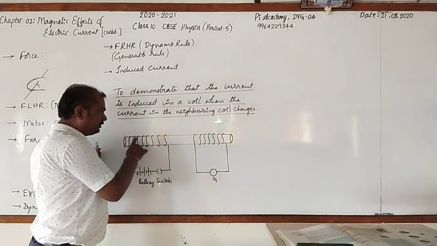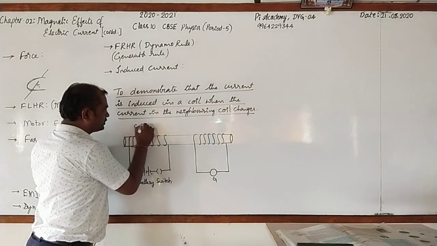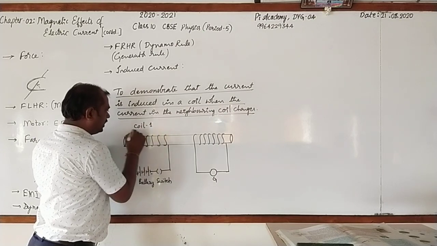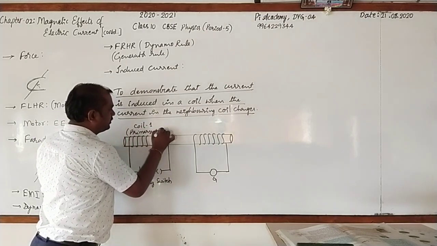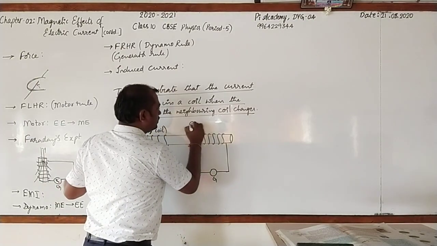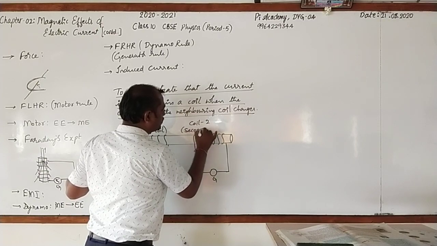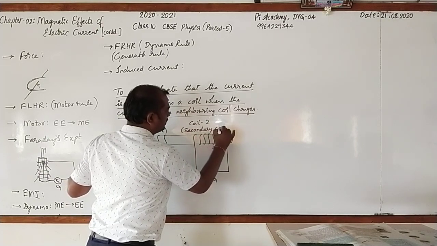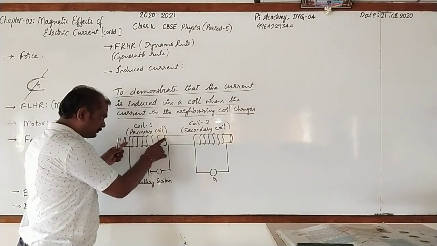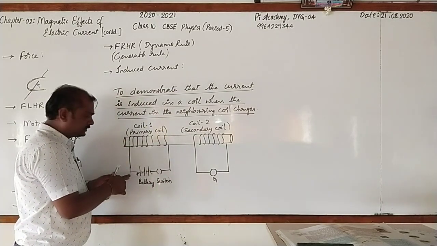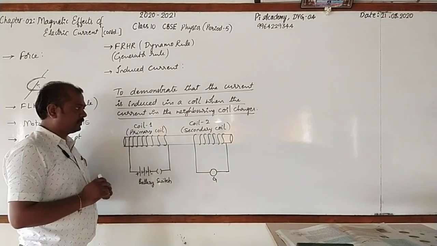Here I have taken two coils. You may call the first one coil 1, and you may also call it the primary coil. And this is coil 2, and you may call it the secondary coil. Just keep observing these two. In the first coil, the free ends are connected to the terminals of a battery along with a switch.